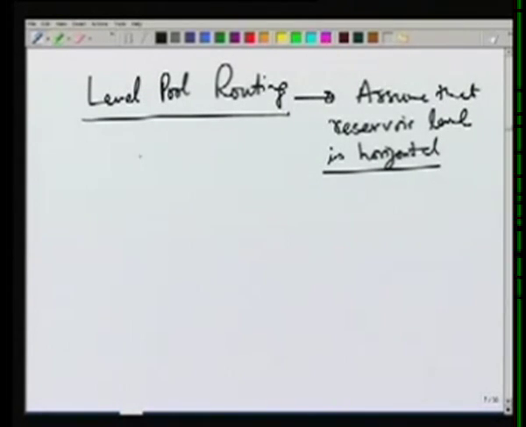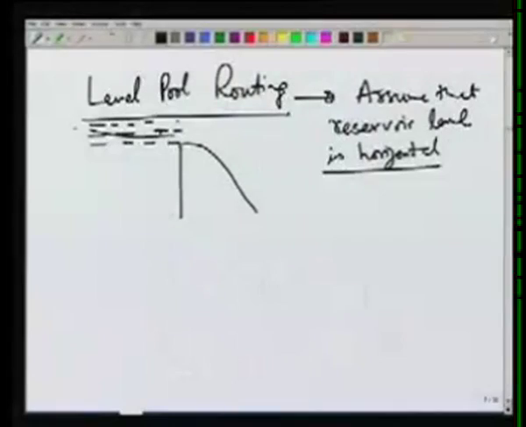So we will ignore any changes in the water level, any profile occurring like this. We assume that the water level at all times in the reservoir remains horizontal, and this assumption will be true or approximately true most of the time, because the slope of the water surface here will generally be small.